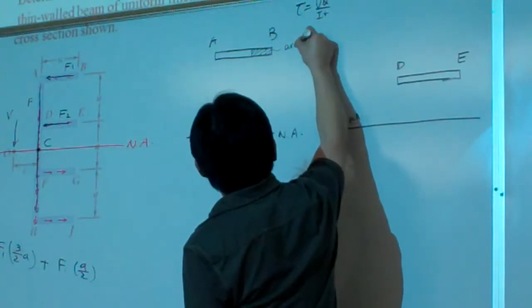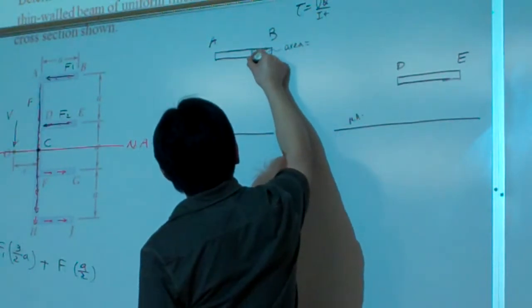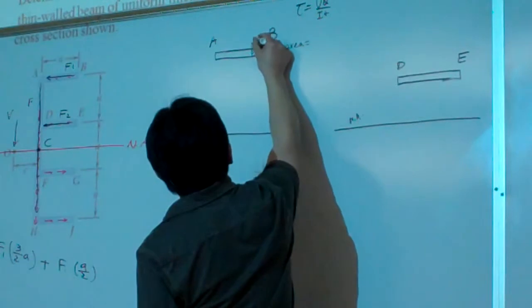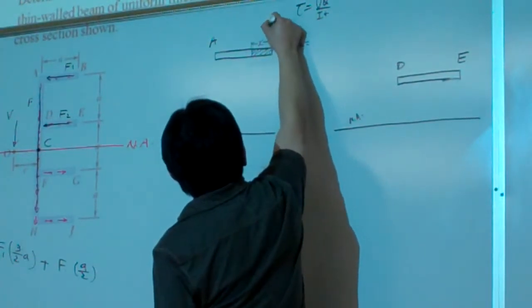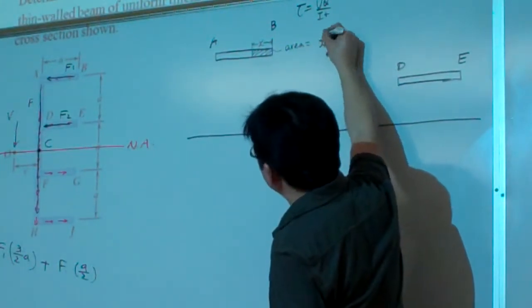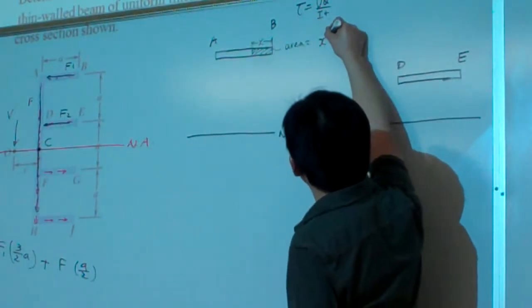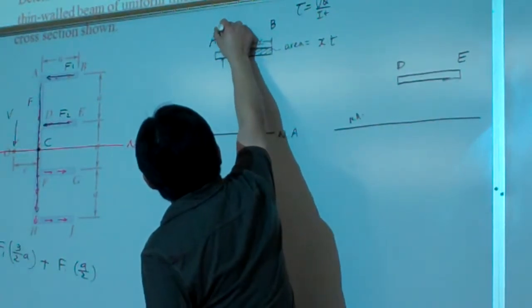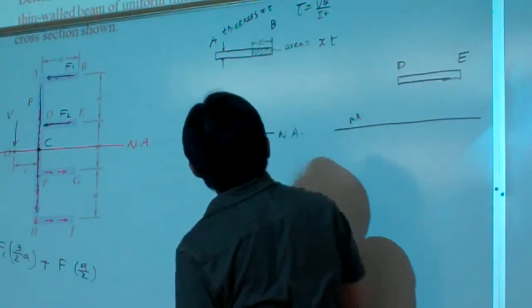The area will be x times the thickness; it is a uniform thickness, let me call it t.